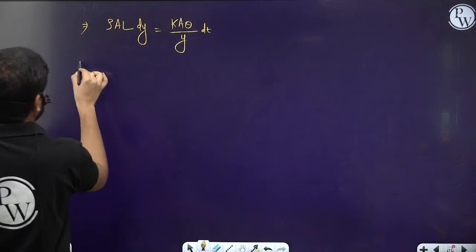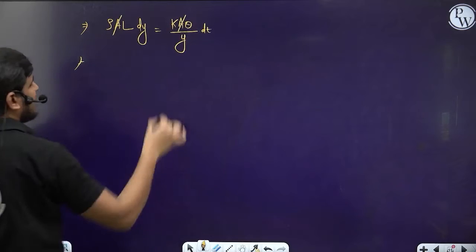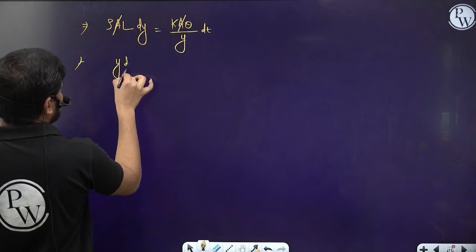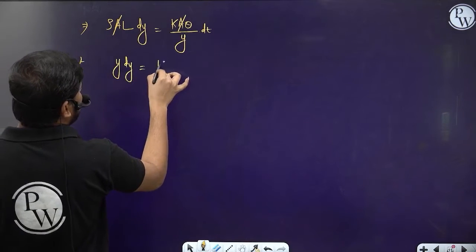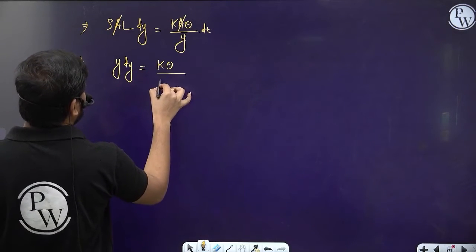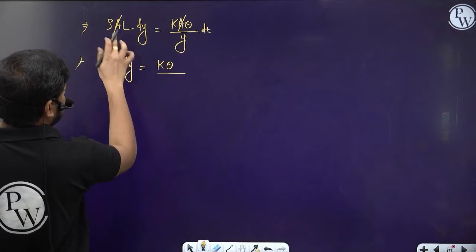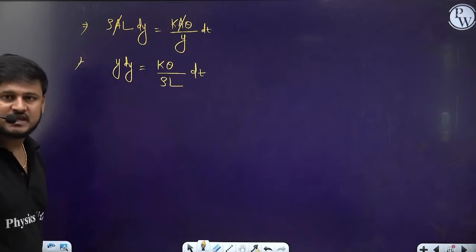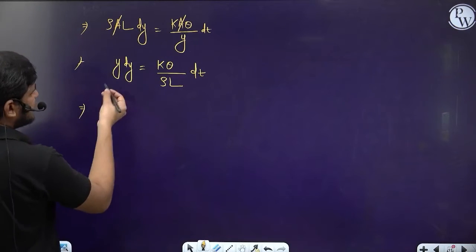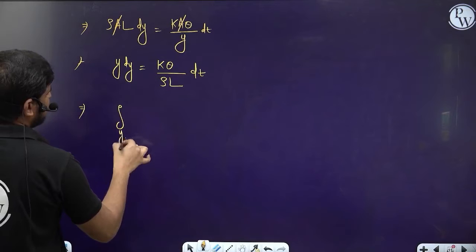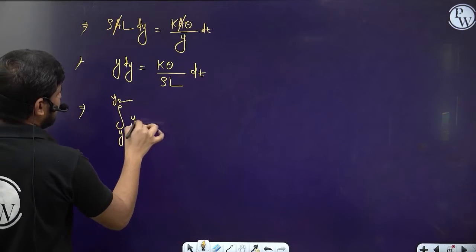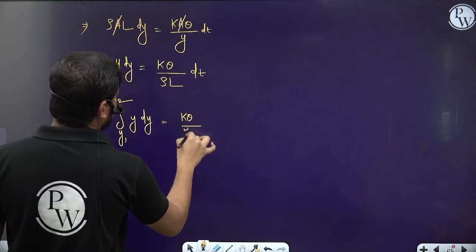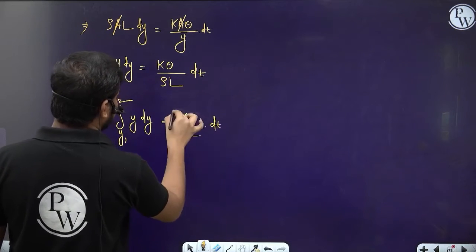Chalo. Let's do one thing: cancel A on either side. Then I can write y dy is equal to K theta by rho L into dt. I am bringing this y to this side and rho L to this side. Right? Chalo. Here let's integrate on either side. Let's say from y1 to y2, y dy is equal to K theta by rho L into dt, the integration of it.